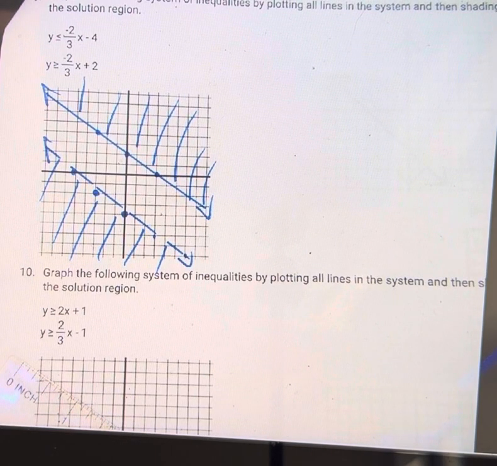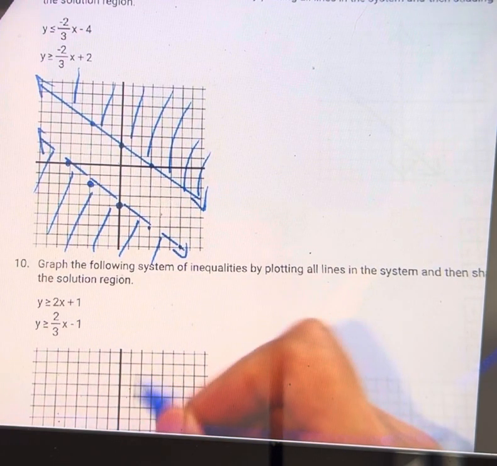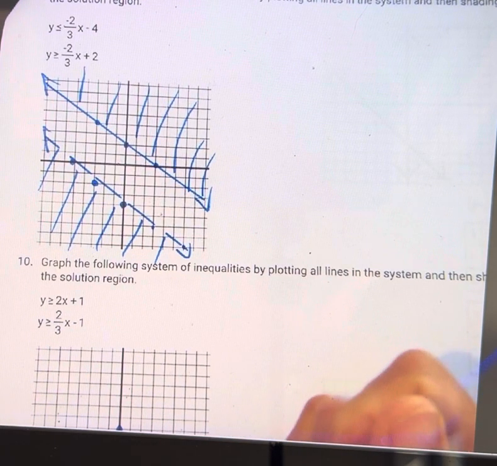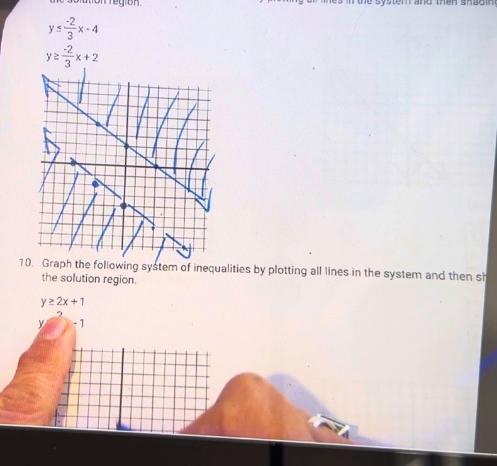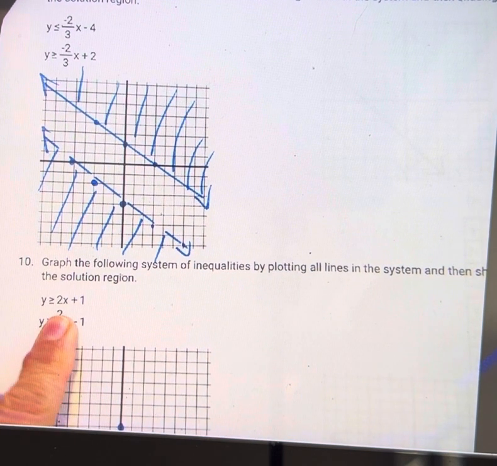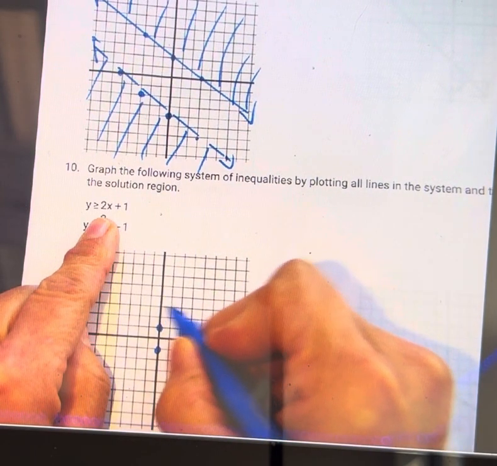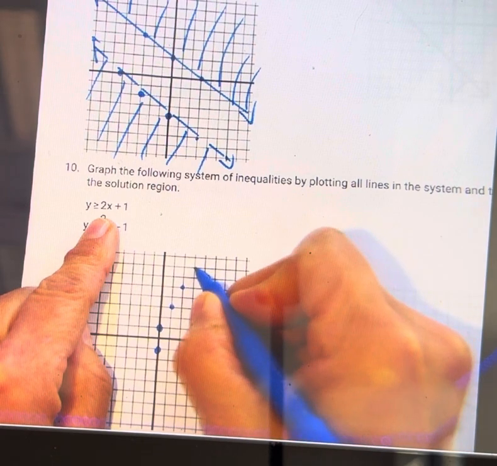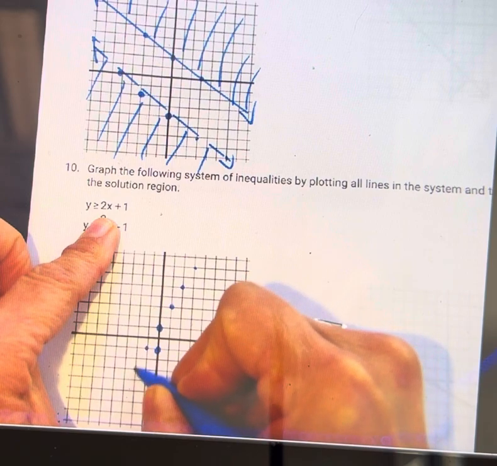Number 10. I have a y-intercept at 1 and -1. So 1 and -1. 1, I'm going up 2 and over 1. So slope is rise over run. So rising 2 and over 1. Up 2 over 1. And both lines are solid.